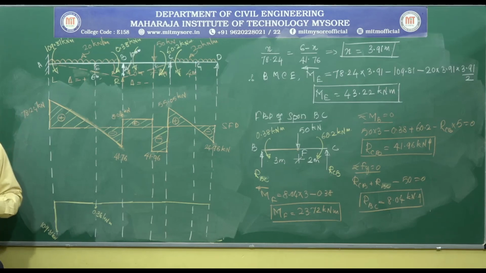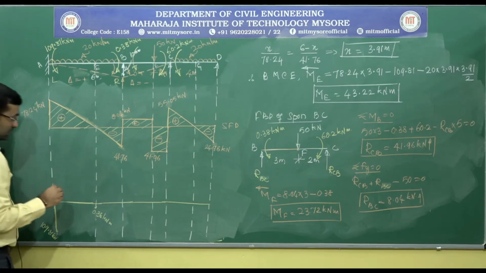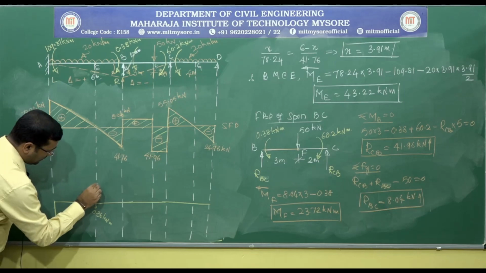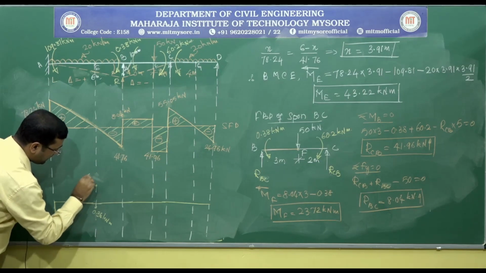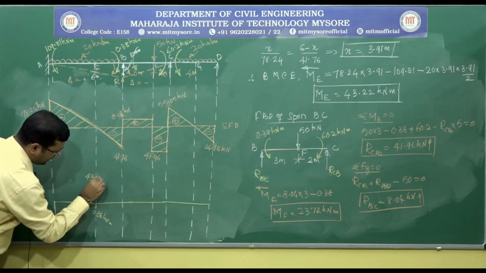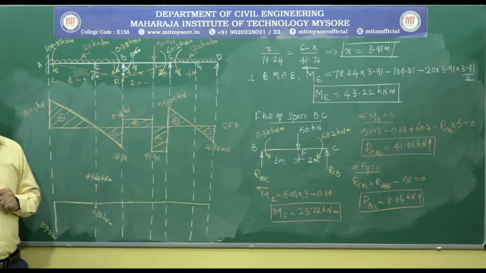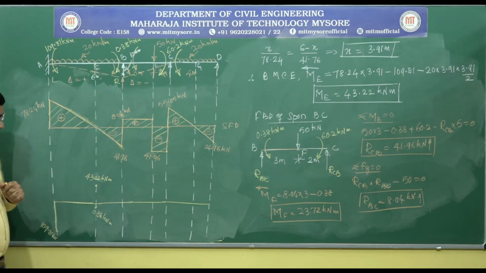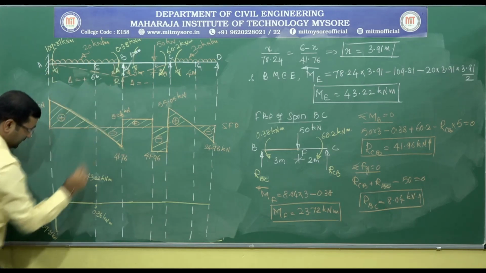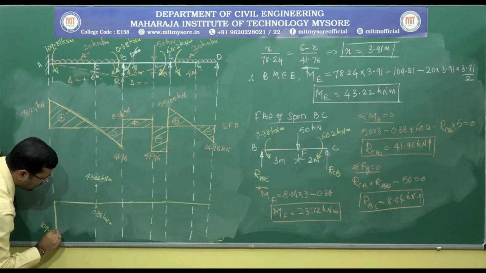As per our calculation it is 43.32. So here I am going to mention one more point, 43.22 kilonewton meter, which is a positive bending moment. Because of the UDL, the variation will be parabolic in nature.